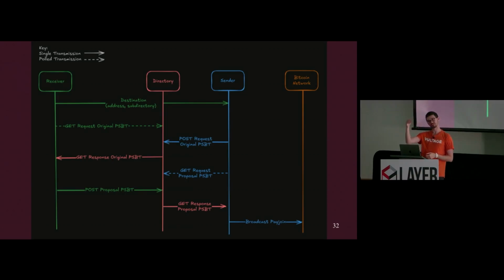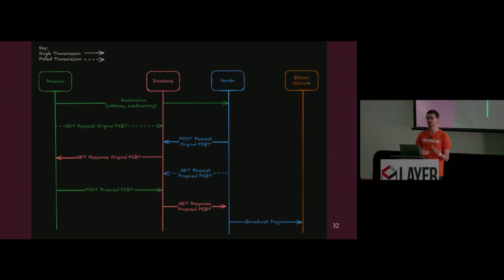The sender, in the meantime, has also been polling, right? Waiting for this to happen. And once the PSBT makes it to the directory and the sender polling detects that it's present, the sender grabs it, decrypts it, checks that everything's okay, just like before, and then broadcasts the Payjoin transaction.